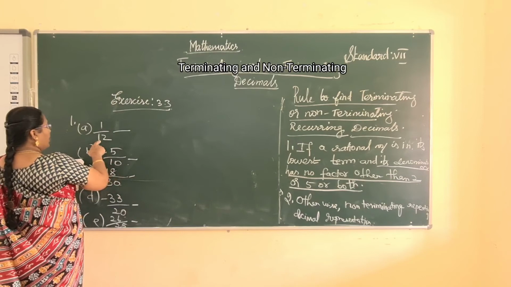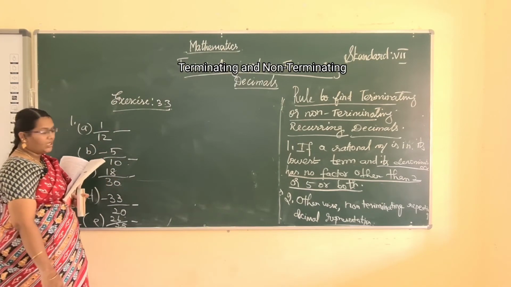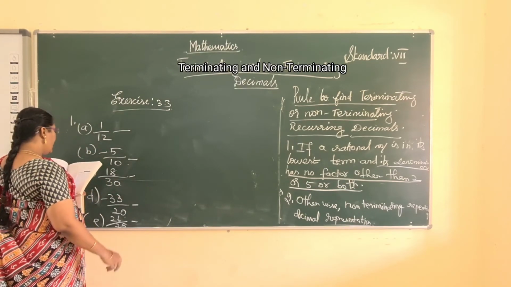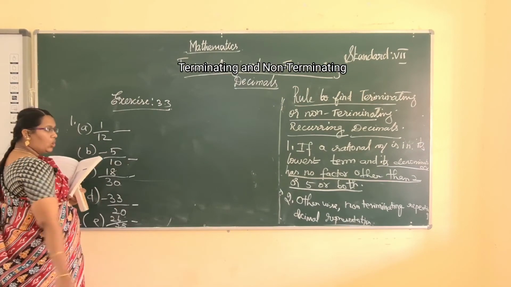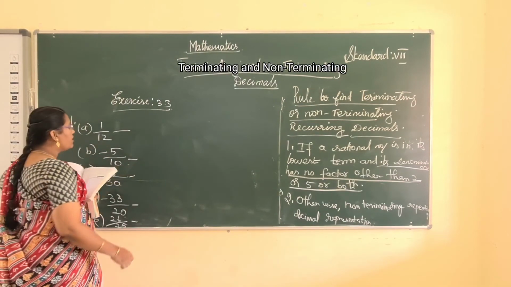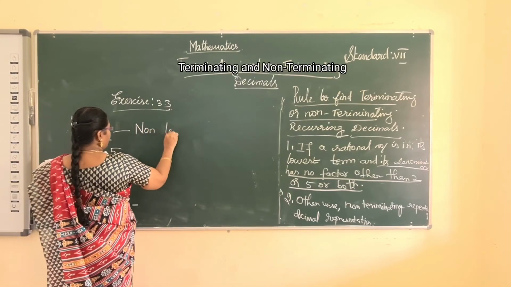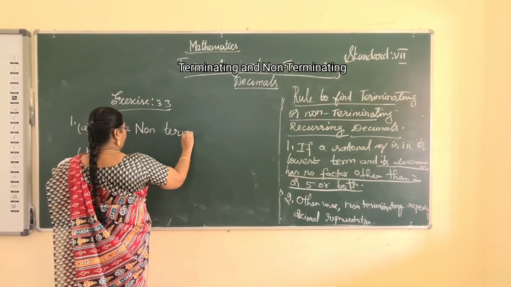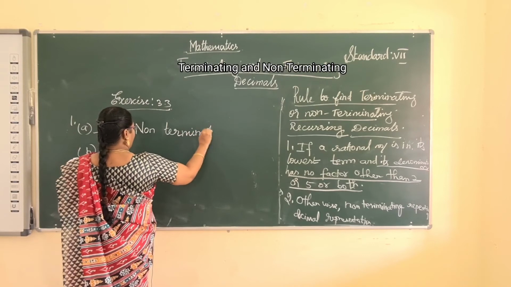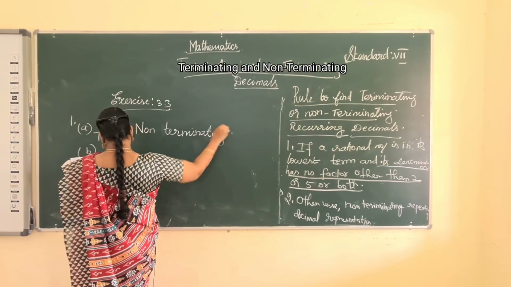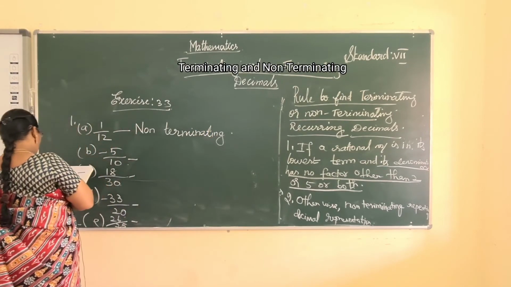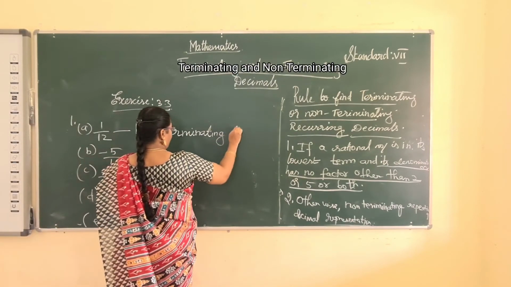Here the value is 1/12. So 12 is a composite number, so it is non-terminating decimals.